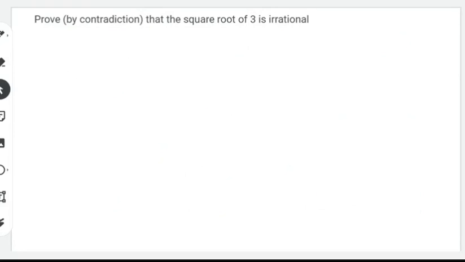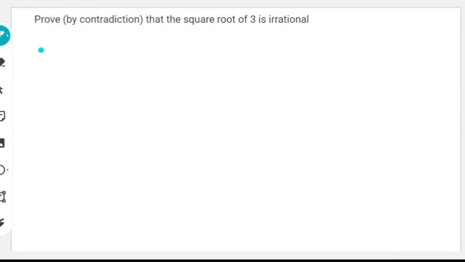Okay, so I got 3q squared is 9z squared. Well, let me just slow down. I think I can guess where you started, but how did you start? I started the same as the first one, so the square root of 3 is p over q, and then 3 is p squared over q squared.